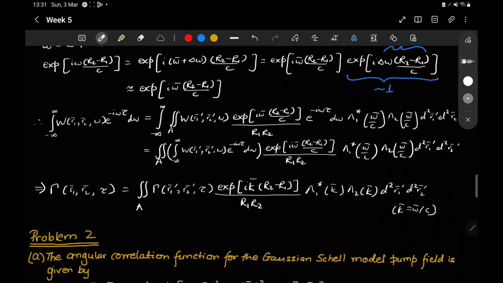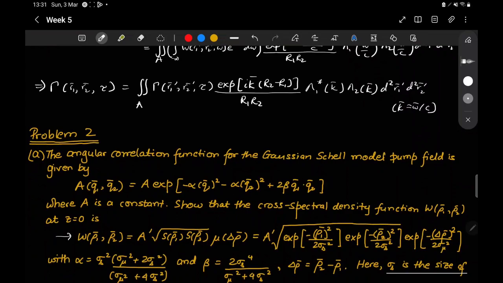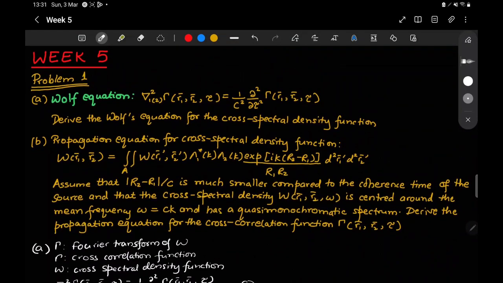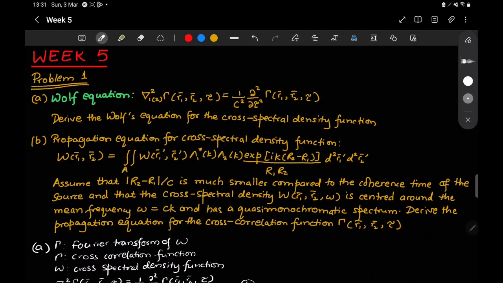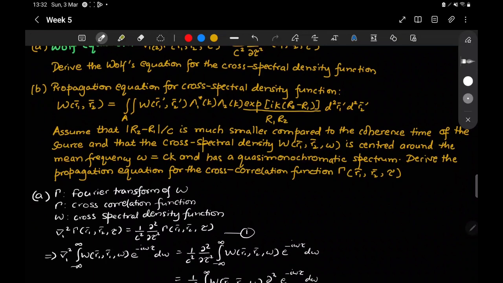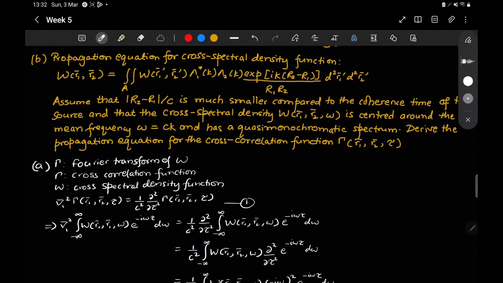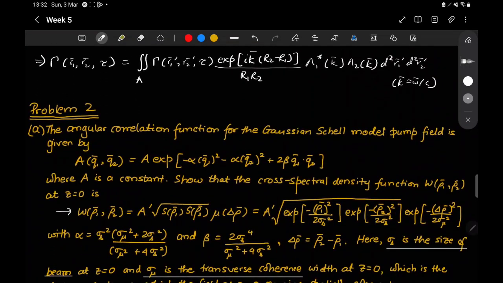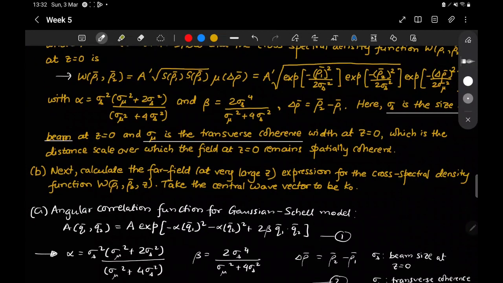Now we will move to the current week's problem set. Just to recapitulate, in the last week we solved problems involving this Wolf equation, then propagation for the cross spectral density function. Further, we saw how to find out the cross spectral density function given the angular correlation function. Both had z equal to 0 and for far field z.